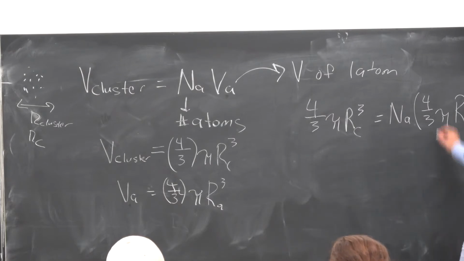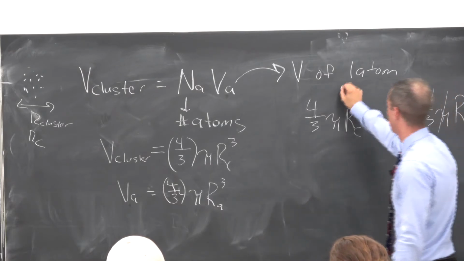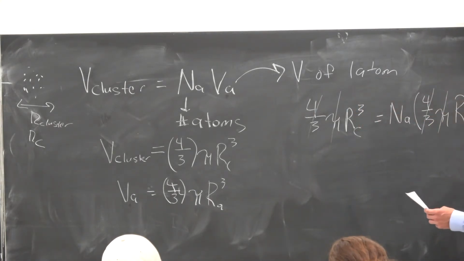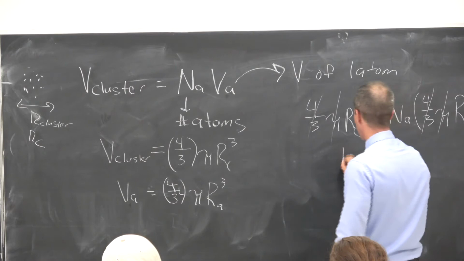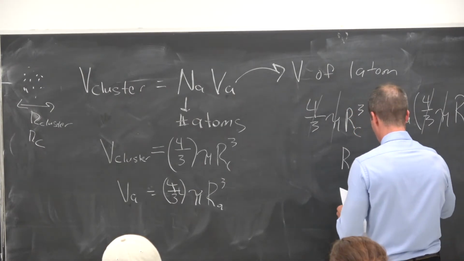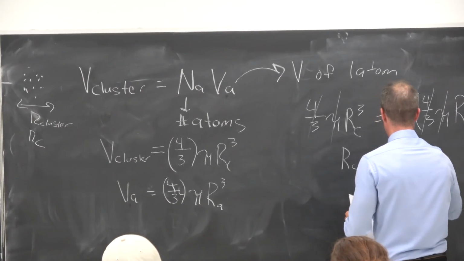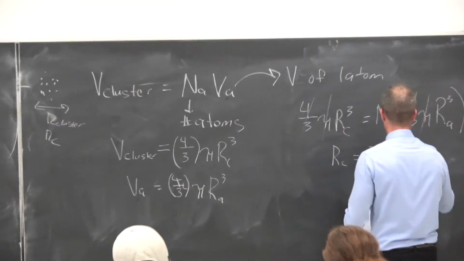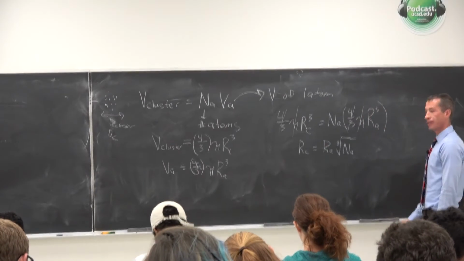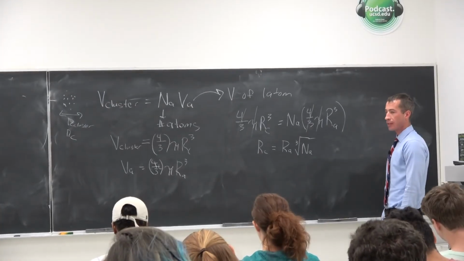Okay? So we can do some canceling and get an expression for the radius of the cluster as that, right? So that's kind of neat, right?